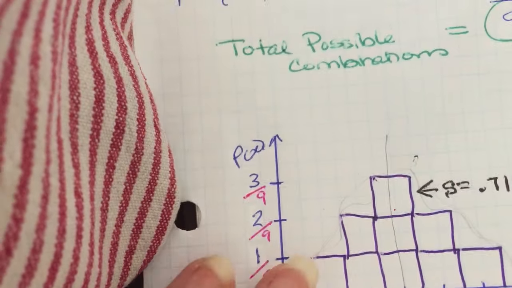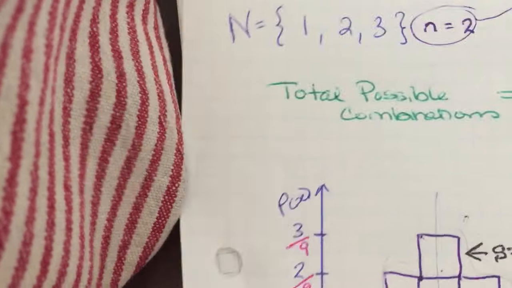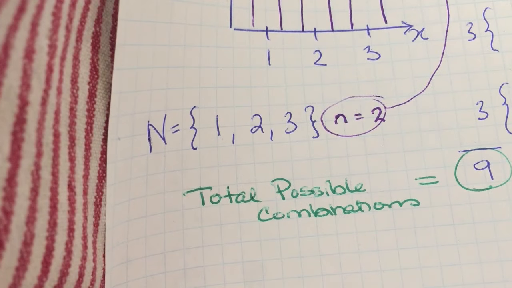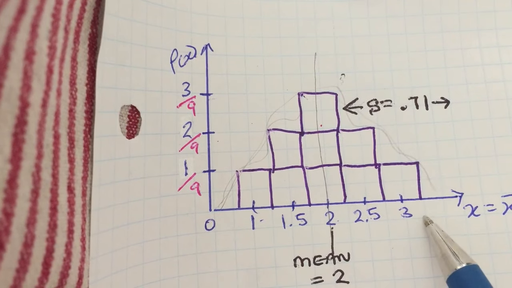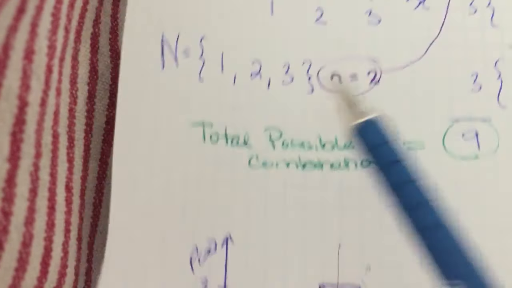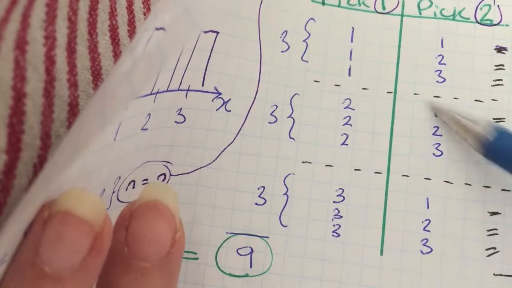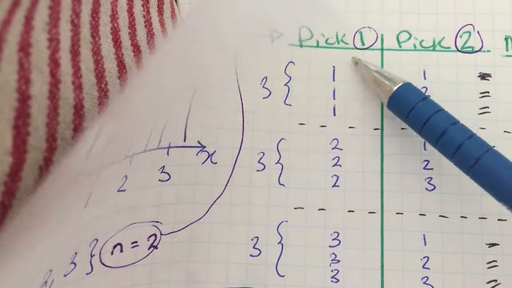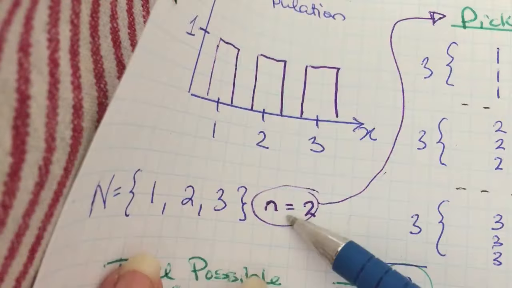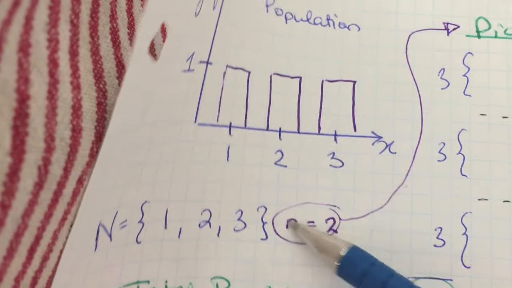So not only have we done a sampling distribution, and hopefully you can see now that this is a sample statistic distribution, calculated on all the possibilities here. We've done all the possibilities of a given size, so we just wanted to pick 2 from a well-defined population.